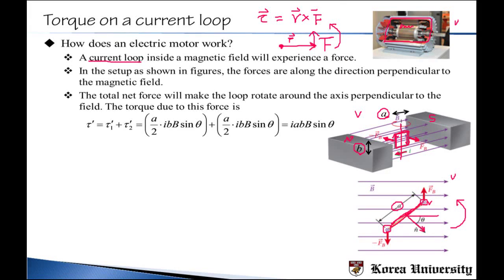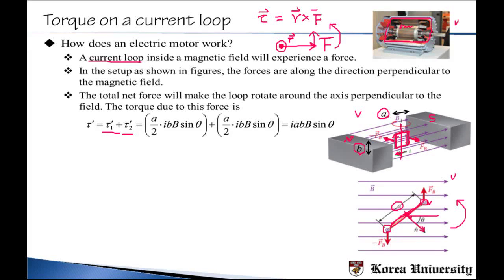And in this case, the torque vector will be coming out of the screen, right? Please make sure you understand this from the spring semester, and let's try to calculate the torque in this current loop. There are two forces, so we have to calculate two torques separately and then add them together.